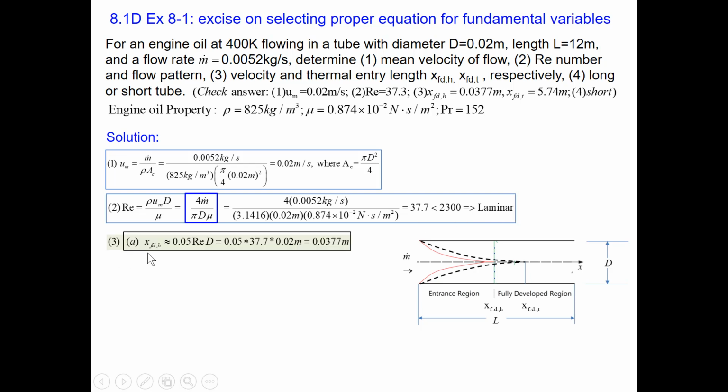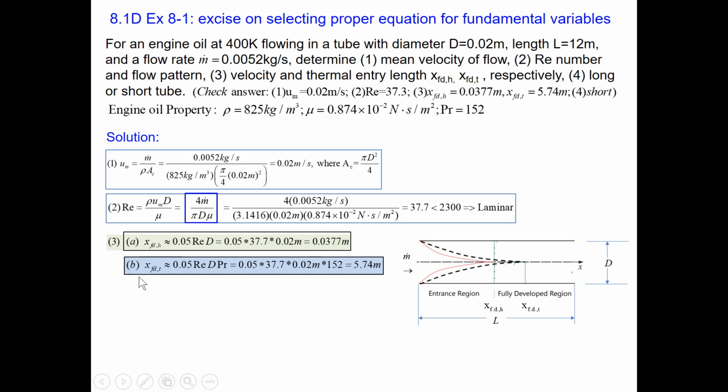Equation 3a defines the entrance length for the velocity field, X_FD,H. Plug in numbers: 0.05 times Reynolds number times diameter. Then we get a small value of entrance length for the velocity field.